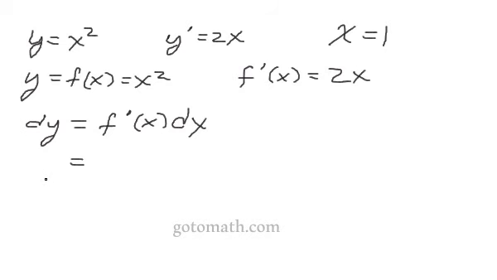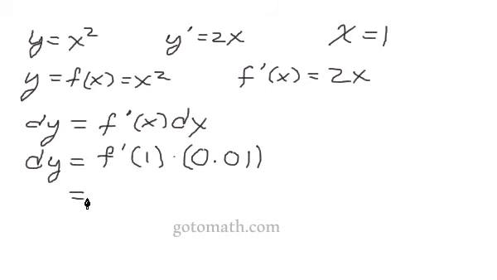We're going to go ahead and plug the values in here. We've got f prime of 1 times our dx, which is 0.01. Okay, that's our dx right here. And I'll just continue to write dy.